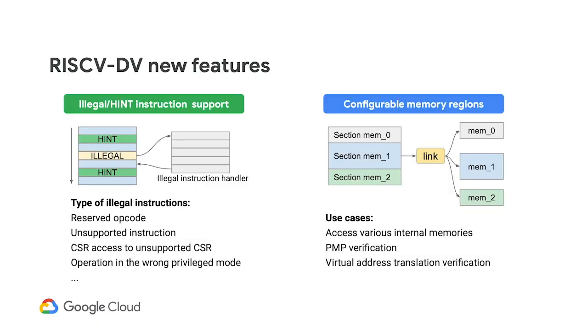I will take the next few slides to give you more details about some of the major features we added. The one on the left is illegal and hint instruction support, which turned out to be a big hole in most verification solutions. You can generate a legal program to compile and run, but you cannot easily generate an illegal program, because the compiler doesn't like it.